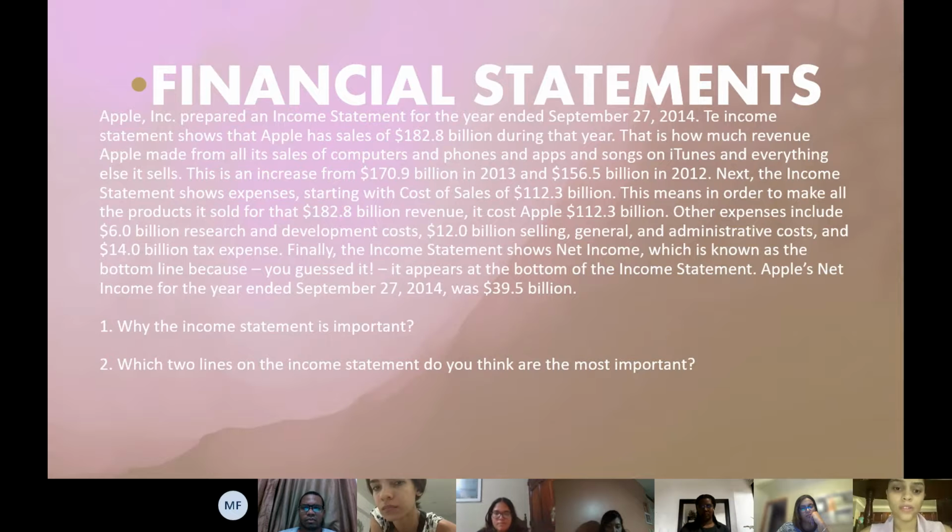This is an increase from 107.9 billion in 2013 and 156.5 billion in 2012. Next, the income statement shows expenses, starting with cost of sales of 112.3 billion.